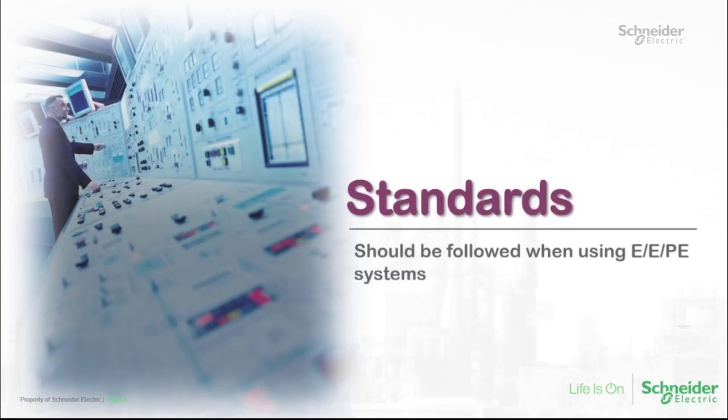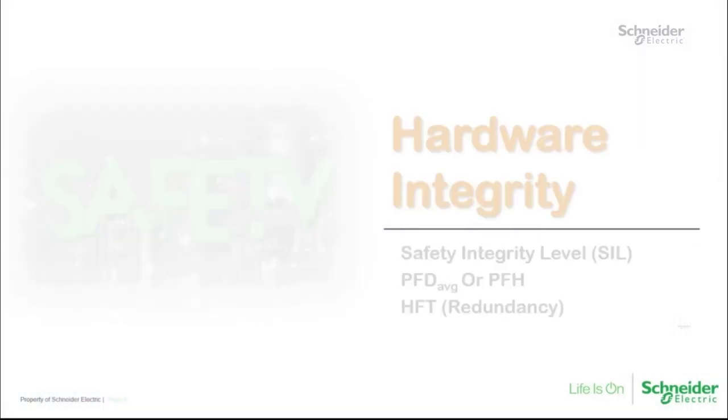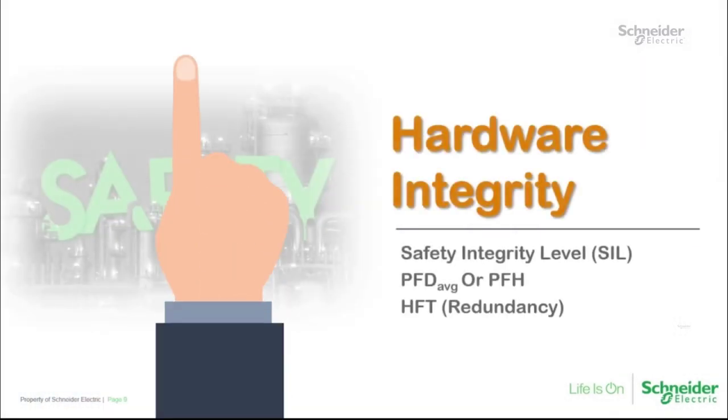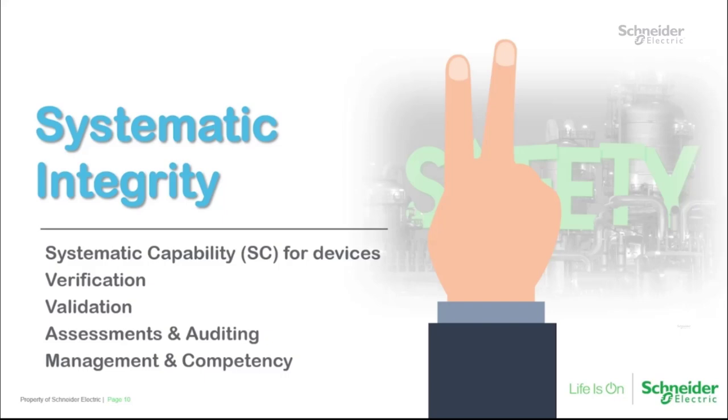Whenever we are going to design electrical, electronic, or programmable electronic systems, we need to follow certain guidelines or certain standards. Because these standards and these guidelines will help us to address both hardware integrity as well as systematic integrity.